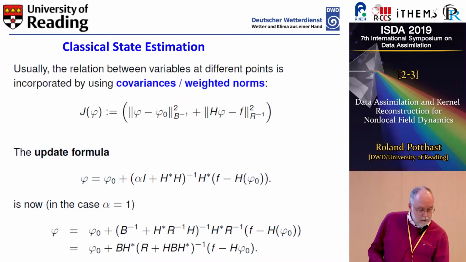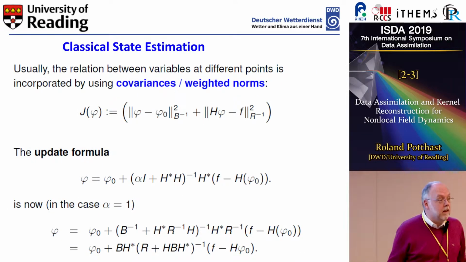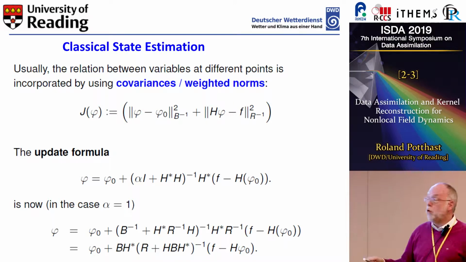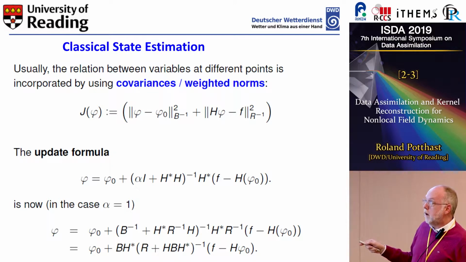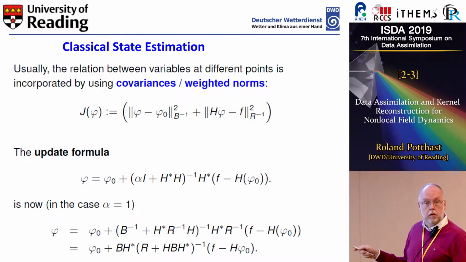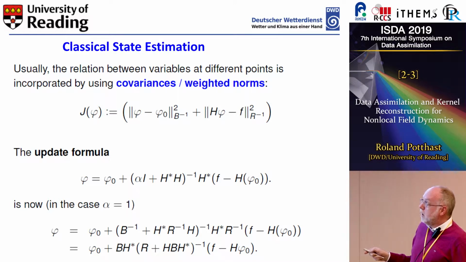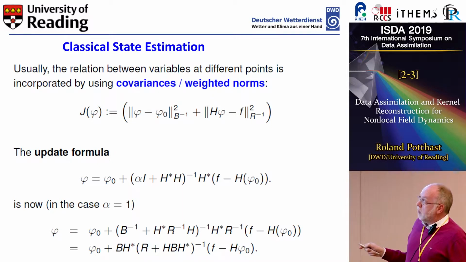So you can write it as a classical data assimilation problem. So this is known to all of you. H is now my observation operator. Either it's a projection or it's an integrated type of observation operator like we have for satellite data. F is my measurement. R is my error covariance. B is my background covariance.